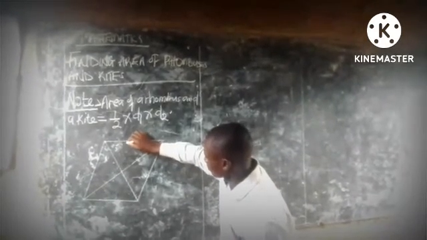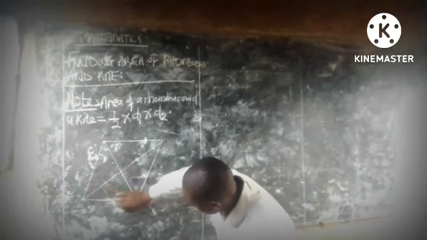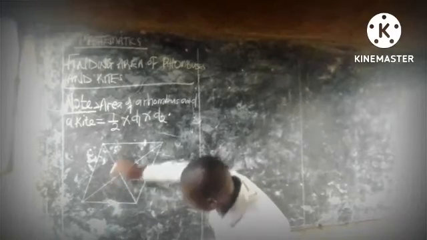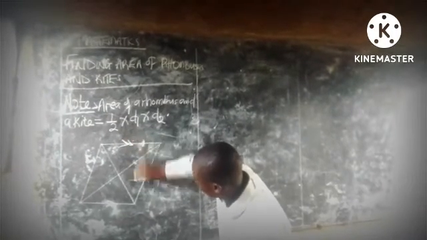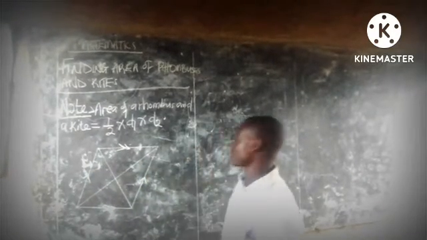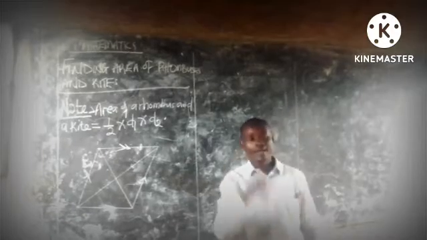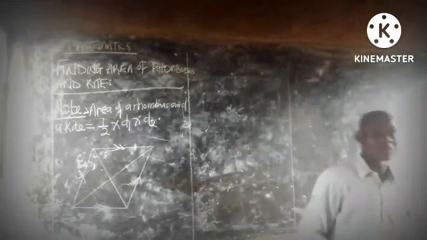So here is a rhombus, and we are saying this side is parallel to this one as well. This one is also parallel to this one. And the diagonals of a rhombus meet at right angles.